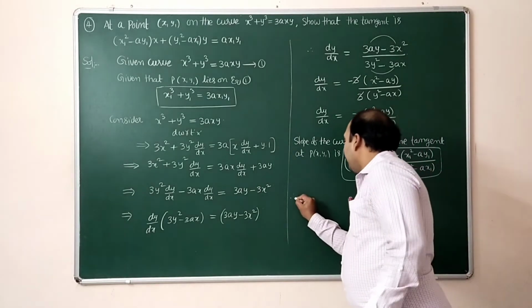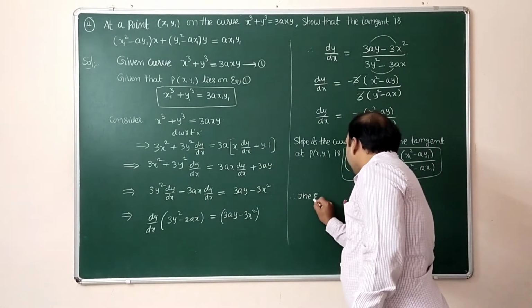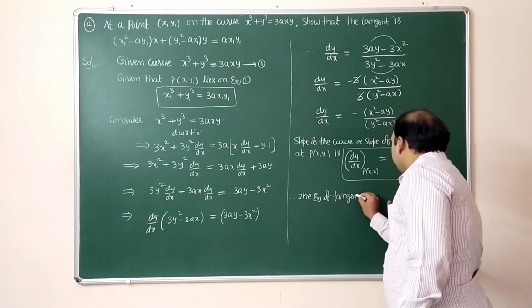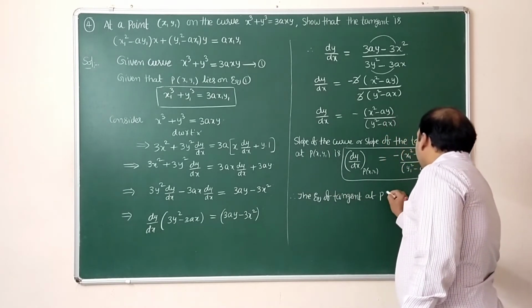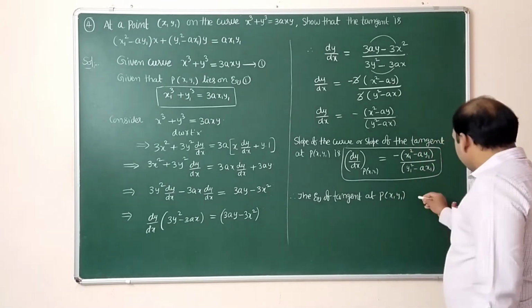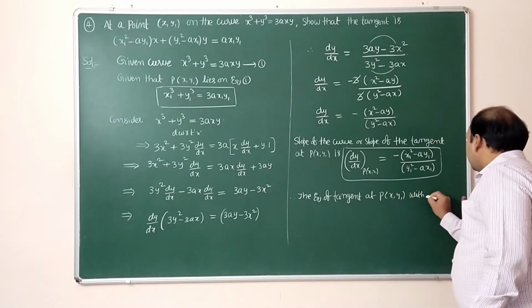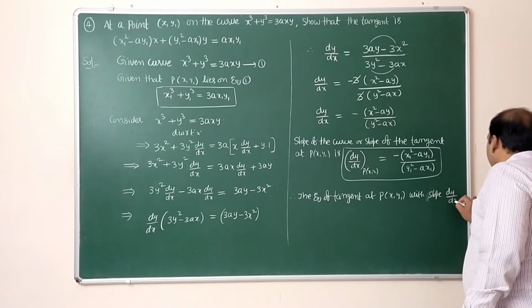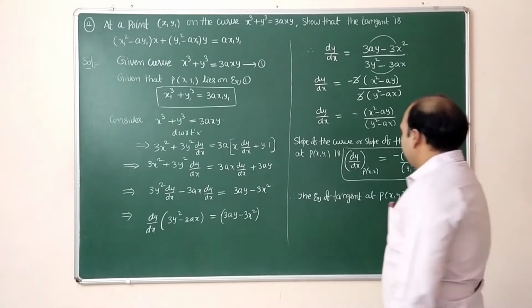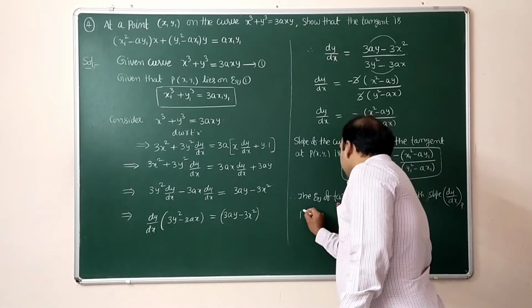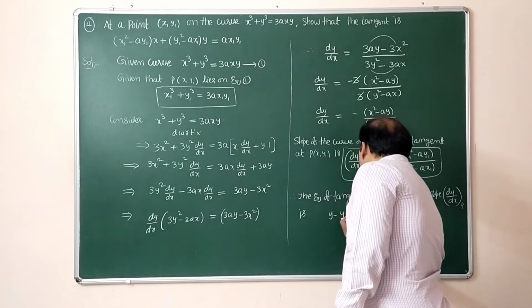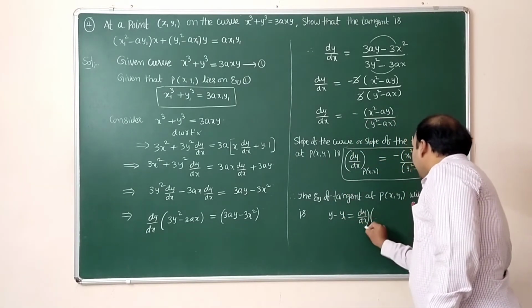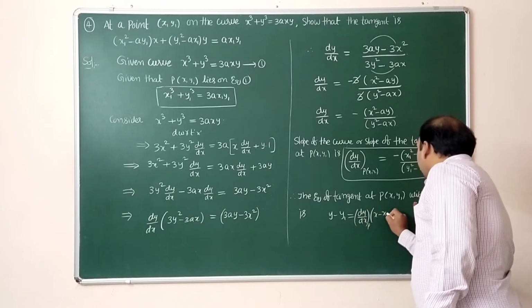Next step, therefore the equation of tangent at P(x1, y1) with slope dy by dx at P is y minus y1 equal to dy by dx into (x minus x1).